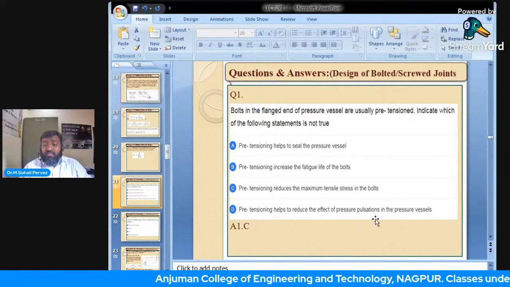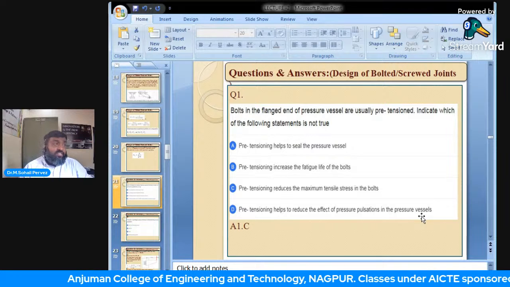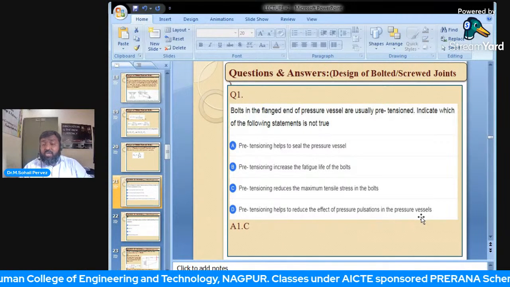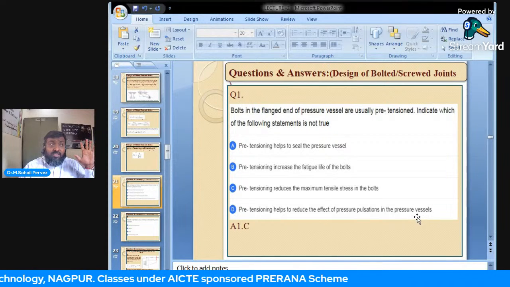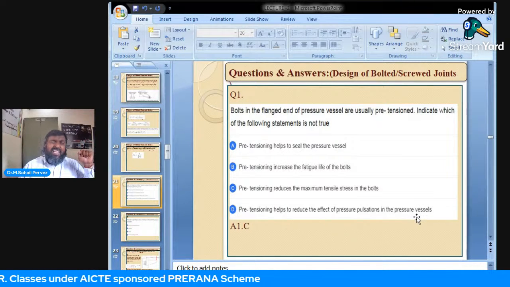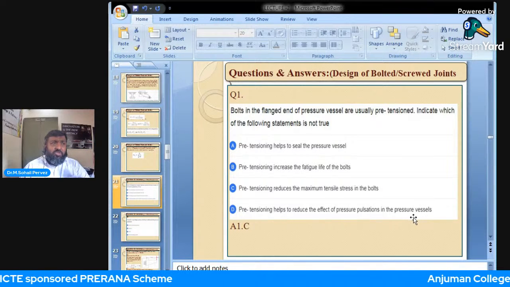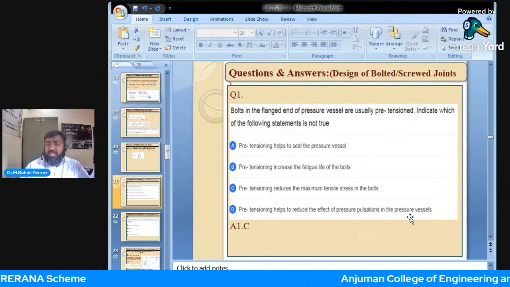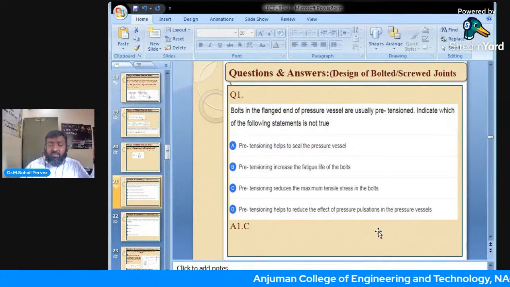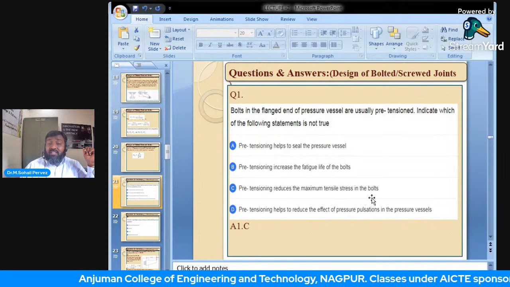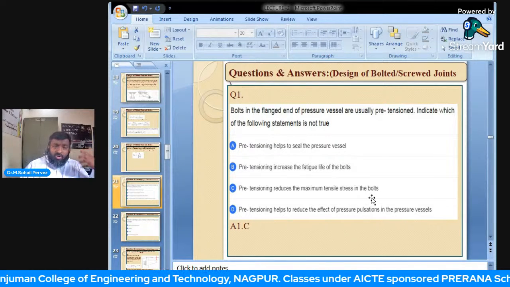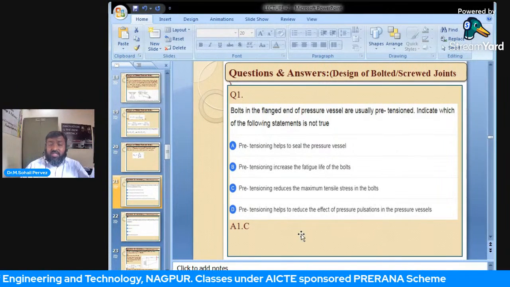Pre-tensioning helps to reduce the effect of pressure pulses in the pressure vessel. Our bolts, when subjected to direct pressure without pre-stressing, will be subjected to maximum load. So pre-tensioning reduces that maximum tensile stress in the bolts. It is already pre-stressed. So this is the case.